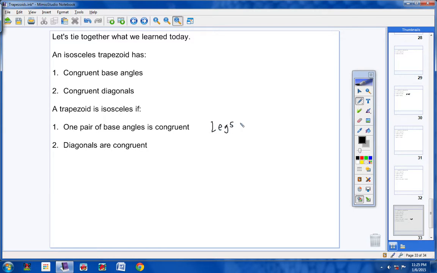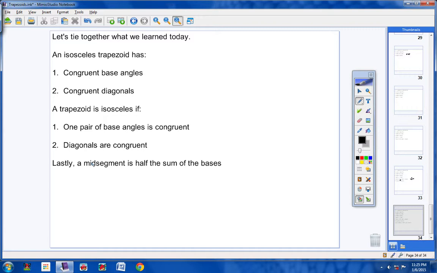But of course that's just the definition of an isosceles trapezoid, but either way we'll still write that down. So a trapezoid is isosceles if one pair of base angles is congruent, only one pair, or the diagonals are congruent, or the legs are congruent. Please copy this down. You need to know this, okay? Go home tonight and study this if you're able to.